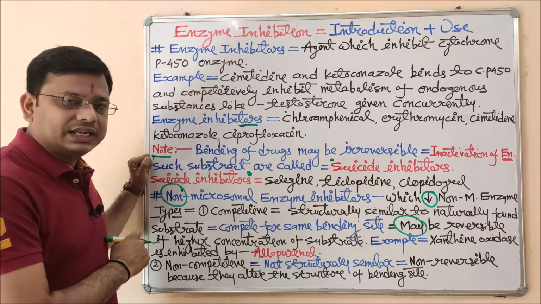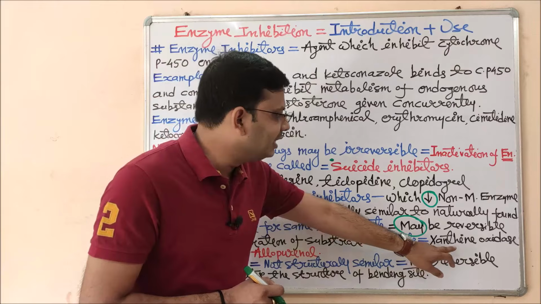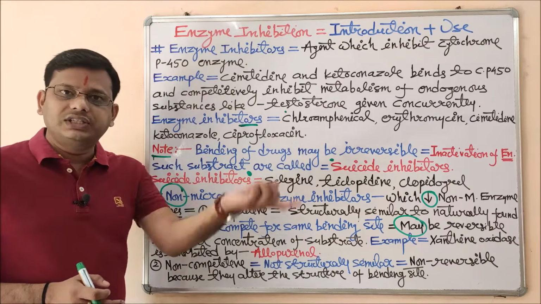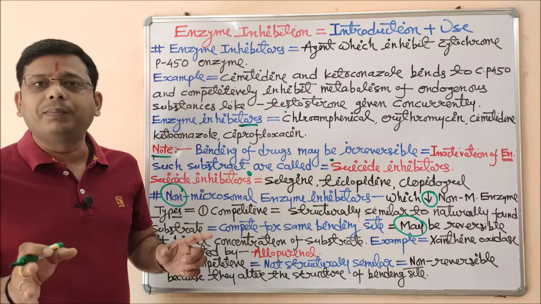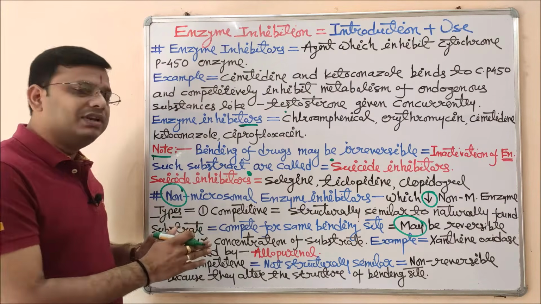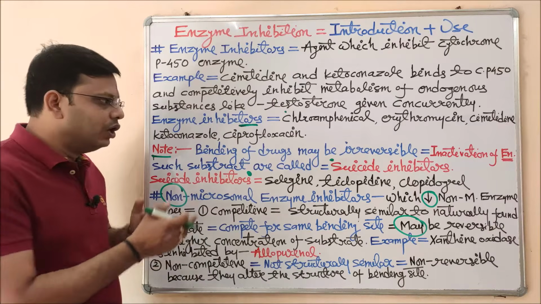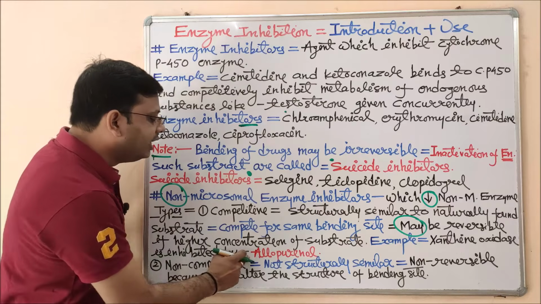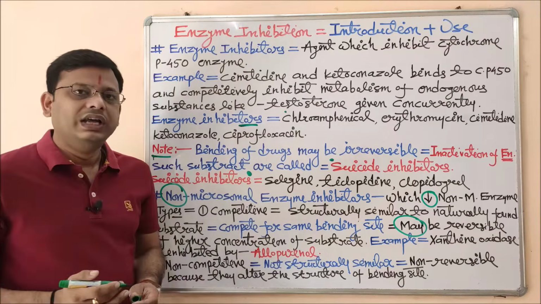Coming to their examples, these are xanthine oxidase inhibitors. We will study this in upcoming classes like gout, because we have completed all pharmacology topics in Hindi on our main channel, Social Pharmacy. An example of a competitive inhibitor is xanthine oxidase inhibited by allopurinol.